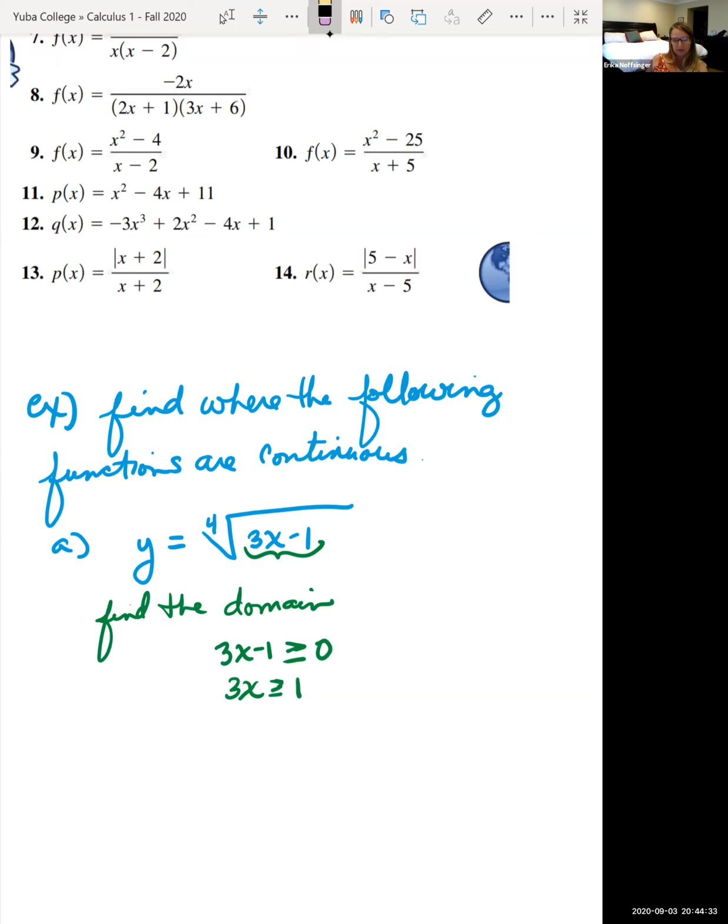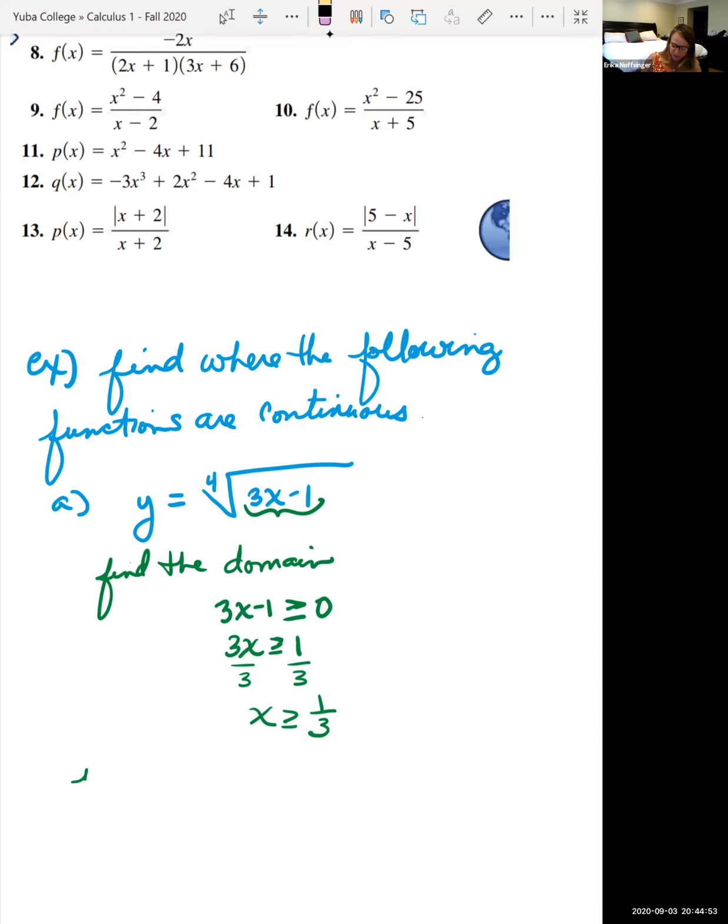We would get 3x is greater than or equal to 1. Divide both sides by 3. And so we get x has to be bigger than or equal to 1/3. Well, 3x minus 1 is a polynomial. So I know if I chose f of x equals 3x minus 1, I know that this is continuous everywhere because it's a polynomial.